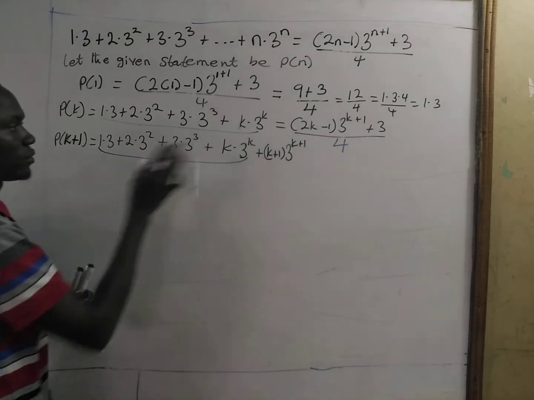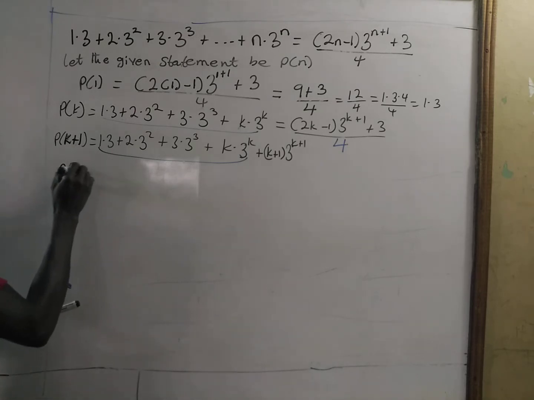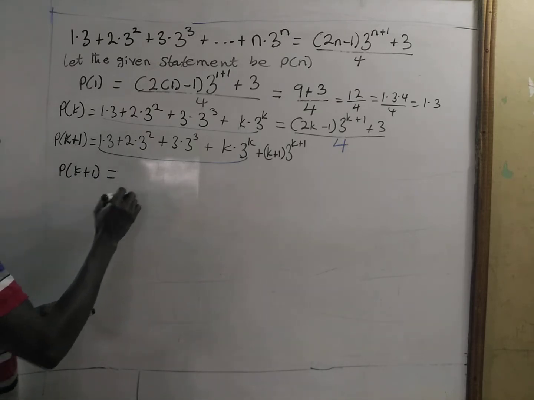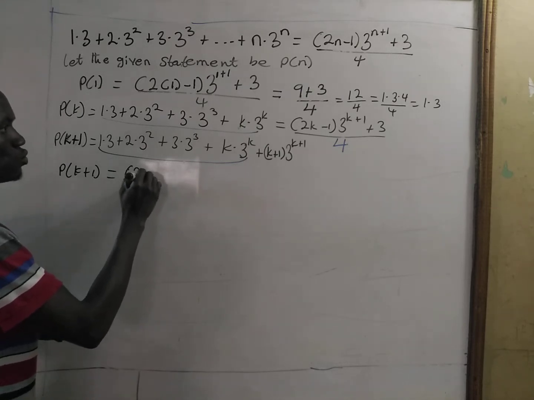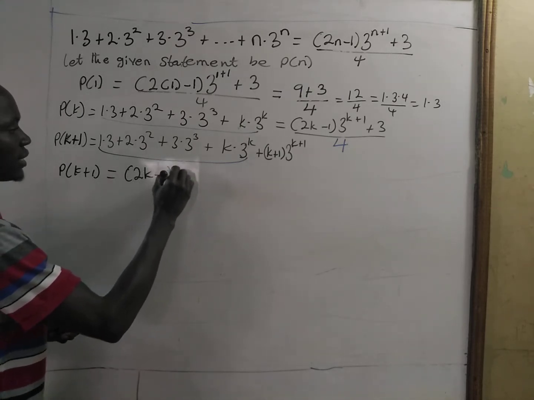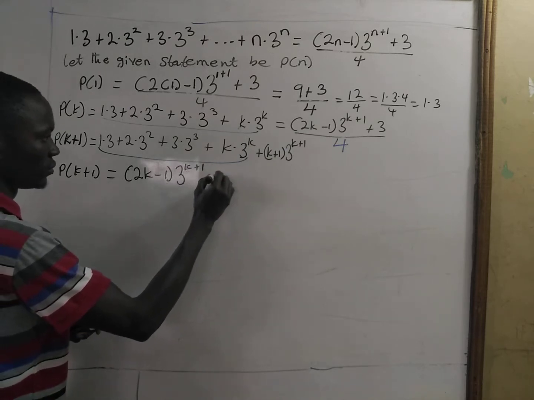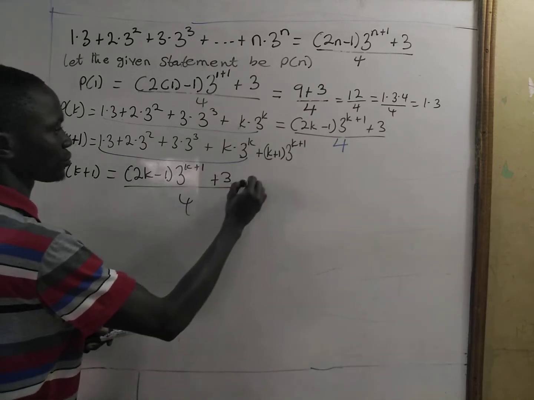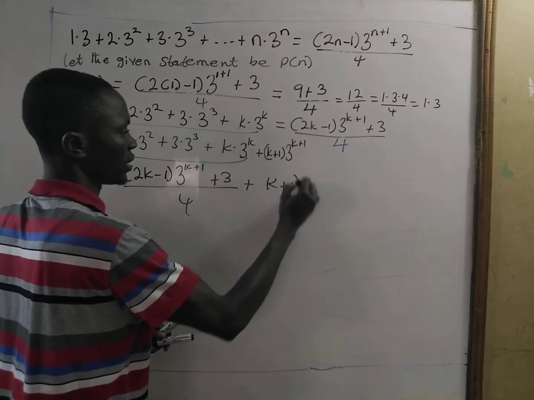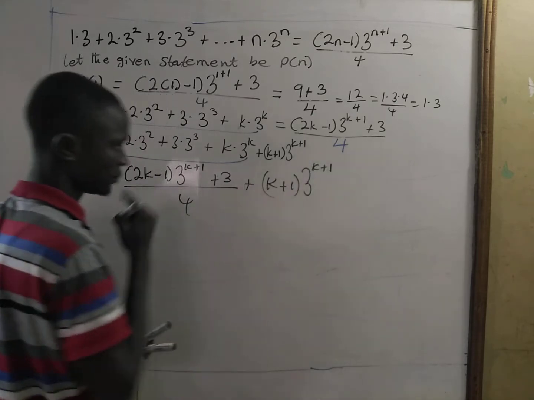So in place of this expression, you write Pk plus 1 equals (2k minus 1) times 3 to the power k plus 1, plus 3, all divided by 4, plus (k plus 1) times 3 to the power k plus 1.